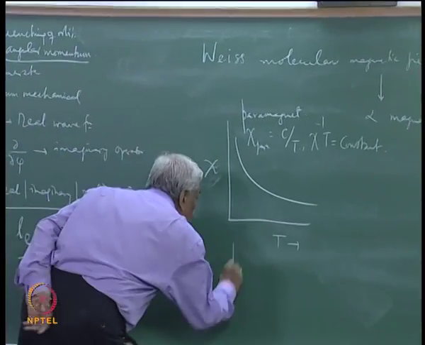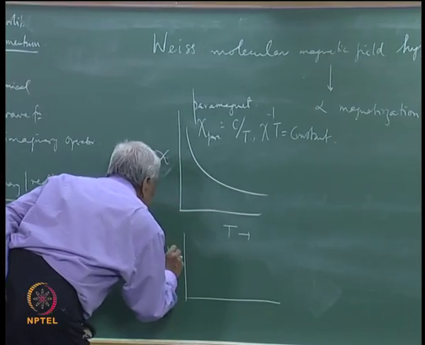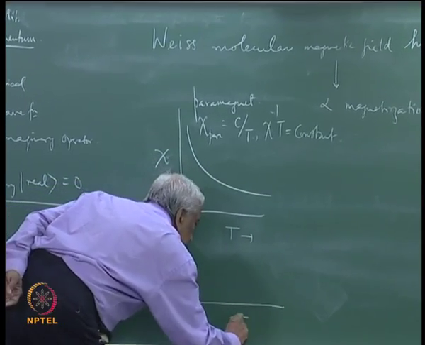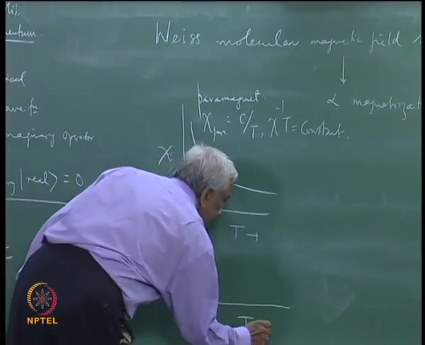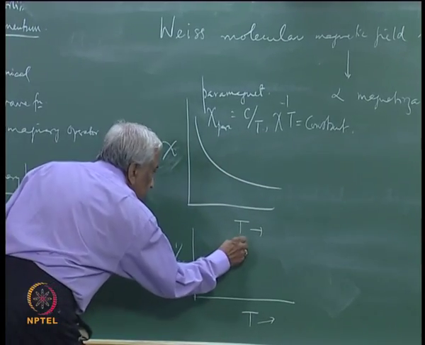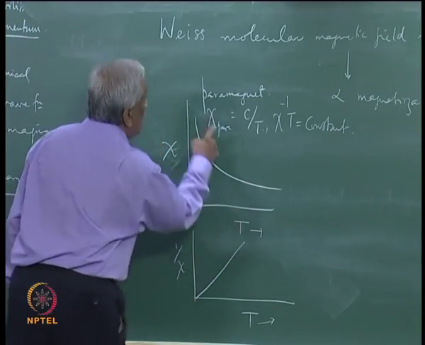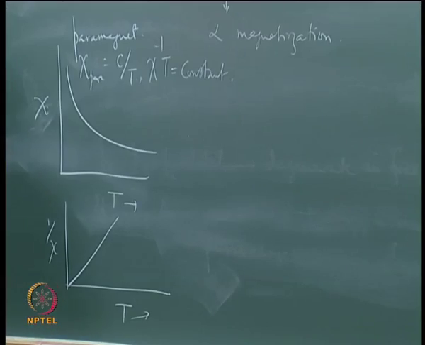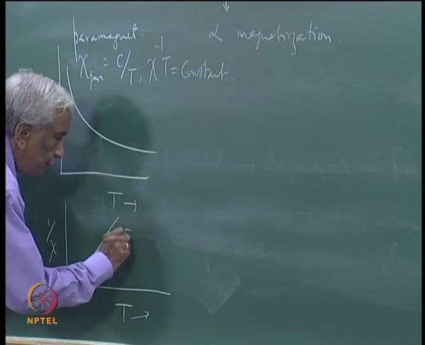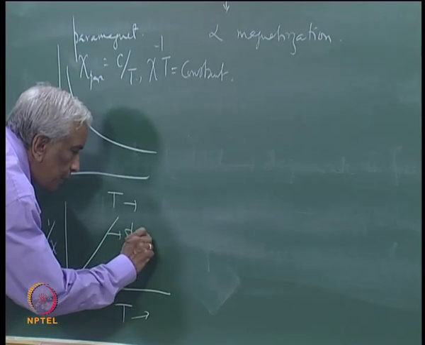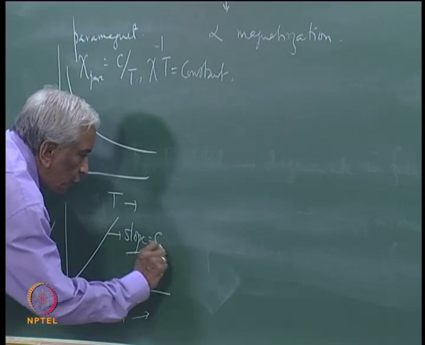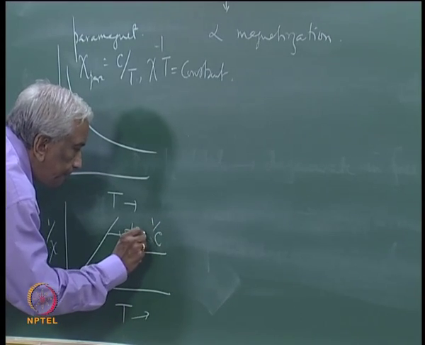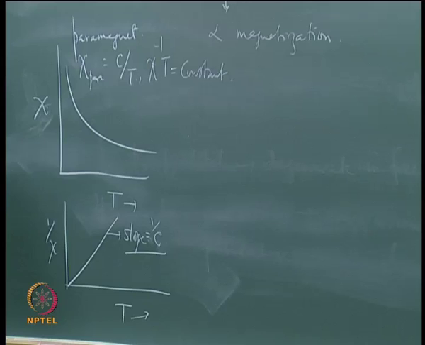But if I plot 1 by chi against temperature, then this is going to be a straight line, because 1 by chi is proportional to T, it is T by C. So, this is a straight line through the origin with a slope equal to 1 by C, the reciprocal of the Curie constant.